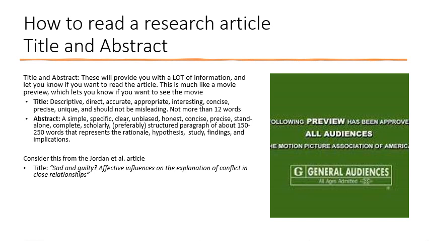So by affect, we mean emotion linked to something, the affect, how we feel about something. So now this title is Affective Influences. So how does the way you're feeling about something influence, and now influence the explanation of conflict? So how does the way you're feeling about something affect how you explain conflicts in your relationships?